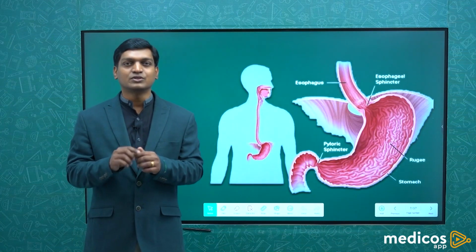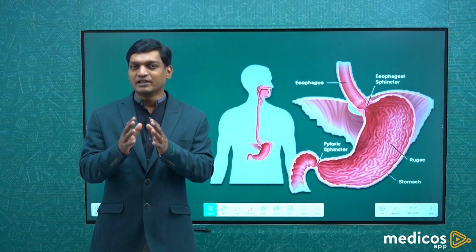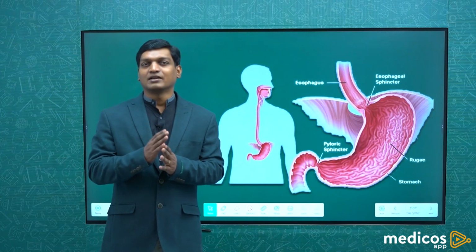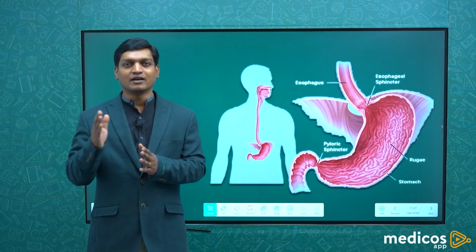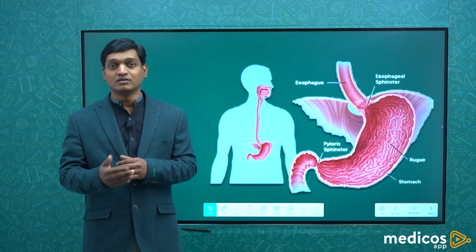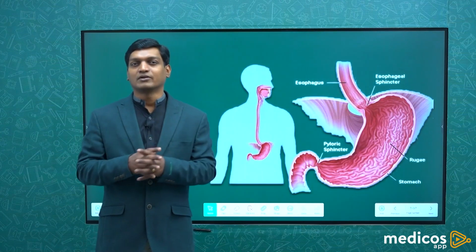While doing surgery, you should not disturb the others. The next thing is blood supply, which includes arterial supply and venous drainage, then lymphatic drainage, then nerve supply, and then applied anatomy of the particular organ.